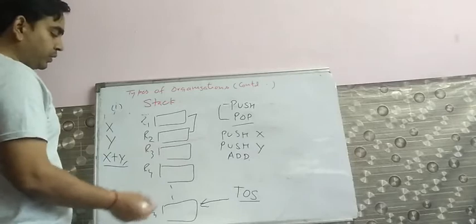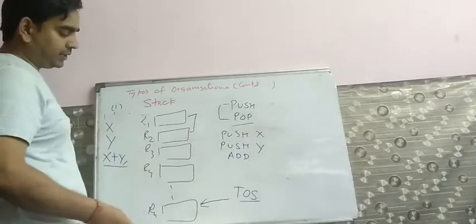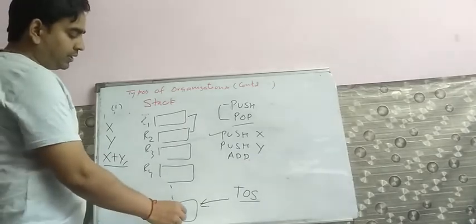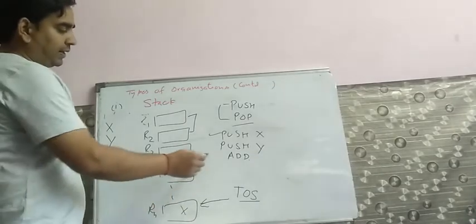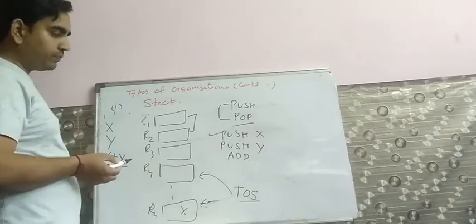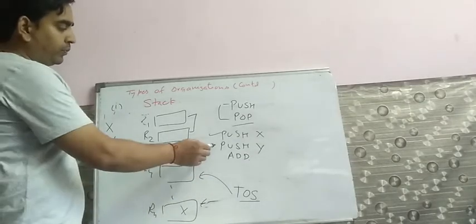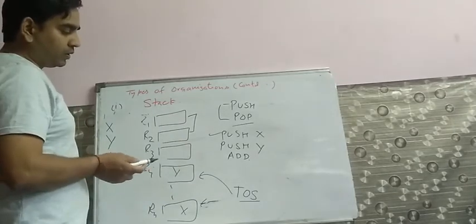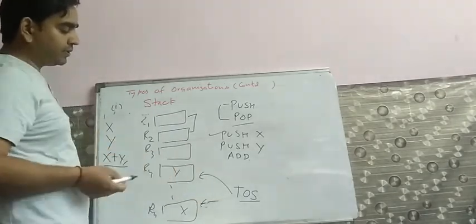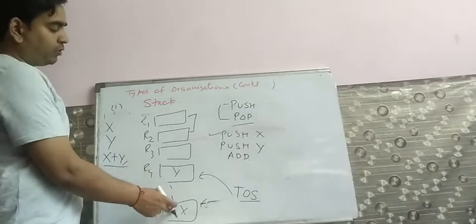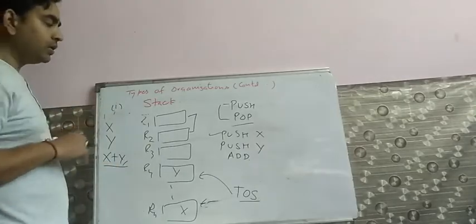Suppose the top of the stack is here, and we run push X. Then the content of X will be here, and the top pointer will point to the next element. Again when we push, the content of Y will be here, and the pointer will be shifted to Y. So the content of X is in this block and the content of Y in the next block.